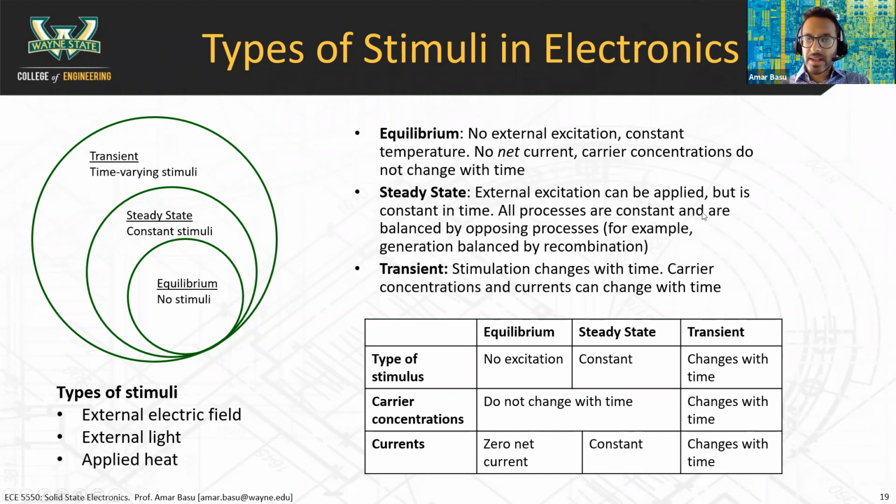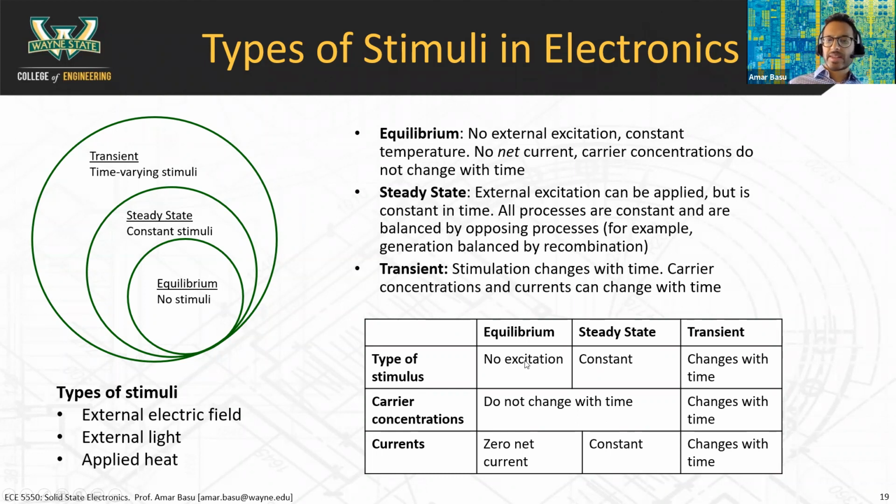Processes are happening, but they are balanced by opposing processes. For example, in the case where we're shining light on the semiconductor material, in steady state, the generation is balanced by recombination. So the generation rate and recombination rate, along with drift and diffusion, all end up balancing each other out. This will make more sense when we talk about the continuity equation.